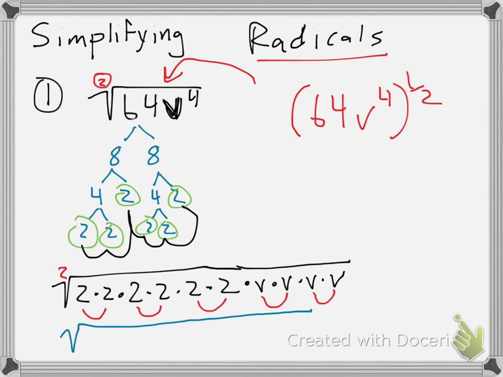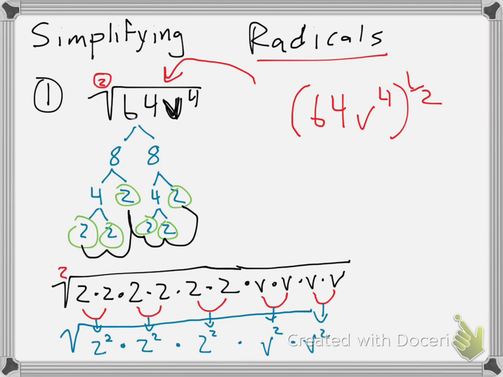This pair would come down as 2 squared, times this pair, which would come down as 2 squared, this pair would come down as 2 squared, still multiplying them, this pair would come out as v squared, and this pair will come out also as v squared.